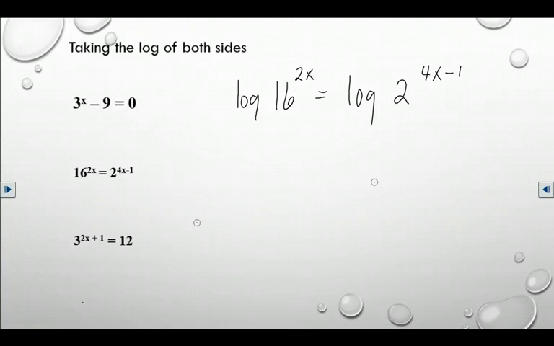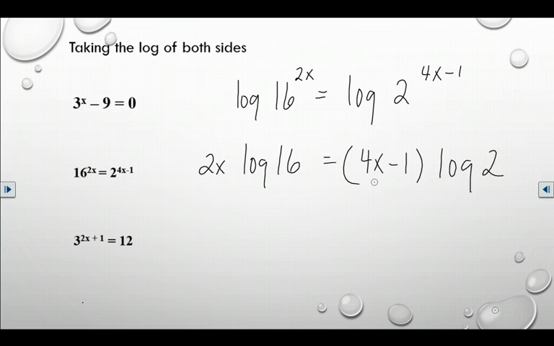So this whole thing comes out, it's 2x log of 16 equals 4x minus 1 log of 2. Now remember, what did I tell you this was? It's a number. So what else do you do with a number when you're in front of parentheses? Distribute. You got to bust up that block because there's an x in that block.